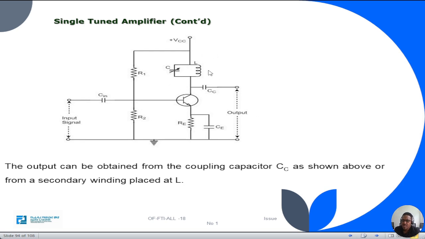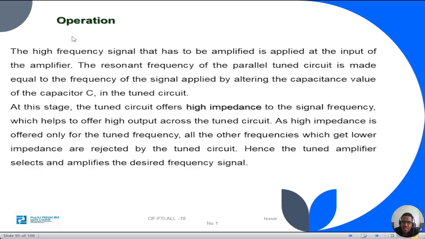Look at the collector side of the transistor: in the load, when you connect a parallel LC circuit, that is a tuned amplifier, single tuned, single C, single L, a parallel LC tuned circuit. The output can be obtained from the coupling capacitor as shown above, or from a secondary winding placed on L.